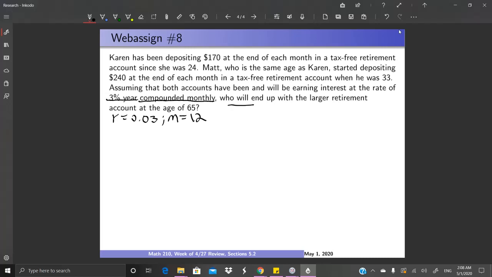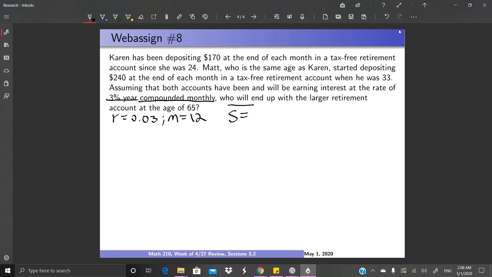The easiest way to determine this is to figure out how much money Karen will have and how much money Matt will have, and then compare the two values. Because we're calculating a future amount, we're supposed to find the future value of an annuity, which is given by S, the formula from the previous slide.